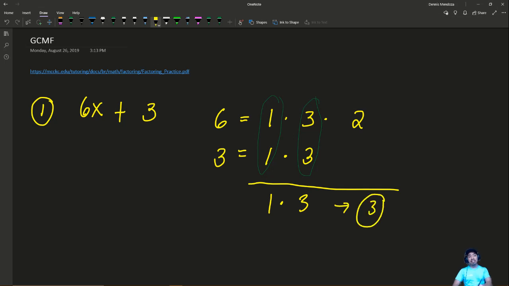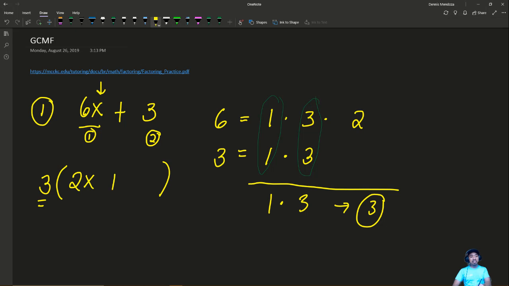And as you can see, only 6x has x on it. So it's not part anymore. So we will have 3 here as our greatest common factor. And then one by one, we will divide the first and the second term by our greatest common factor. So 6x divided by 3 is, so 6 divided by 3 is 2. And then just copy x.